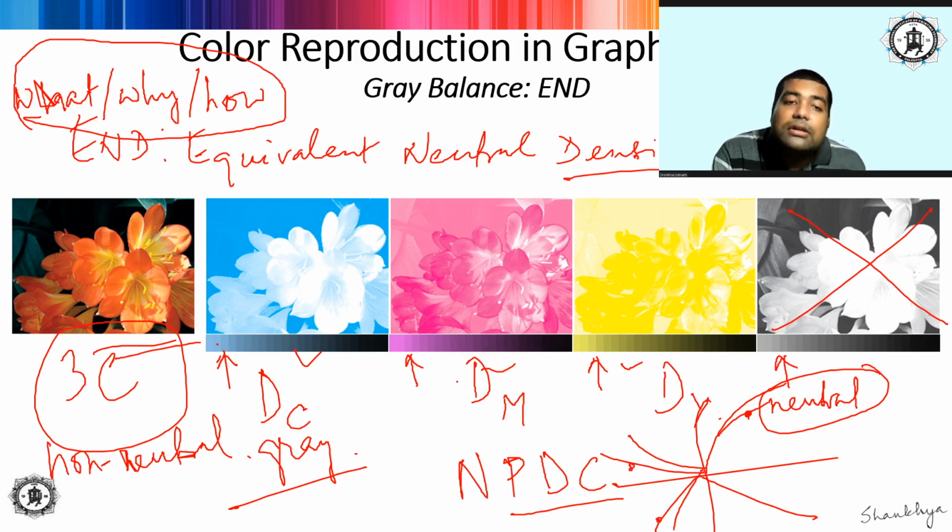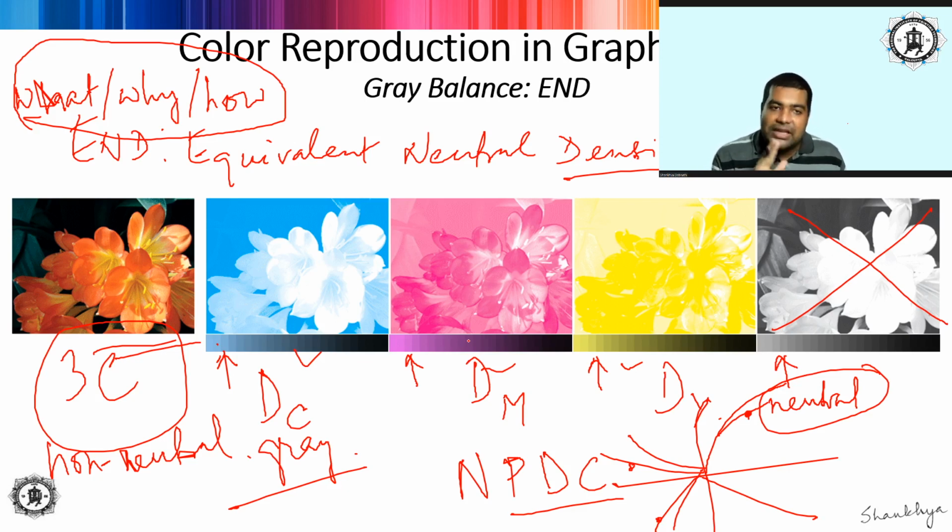So, for the cyan separation, magenta separation and yellow separation respectively. So that is why I am saying that we are trying to correlate densities here with the dot percentages. So when we are talking about dot percentages, our result will be in dot percentages.